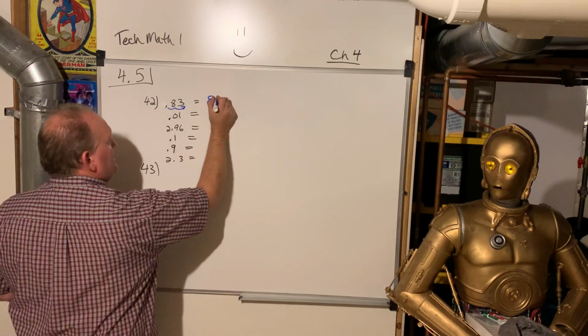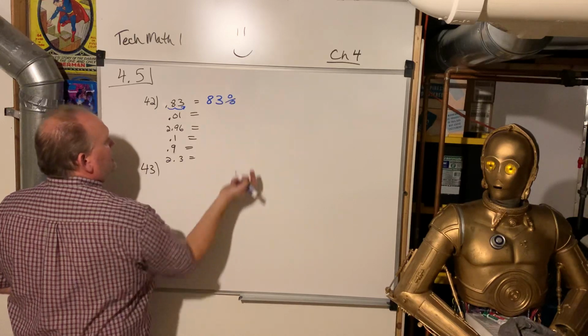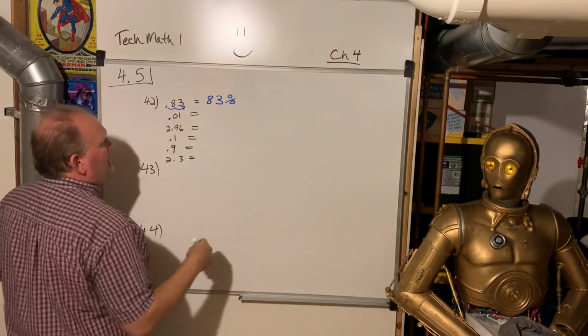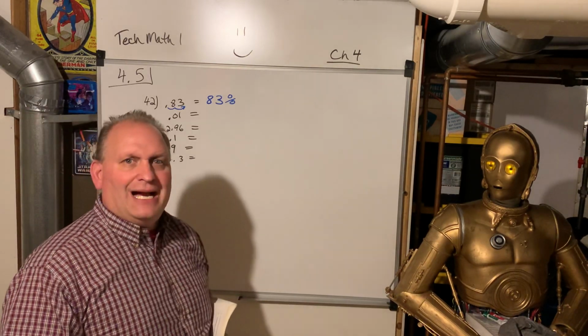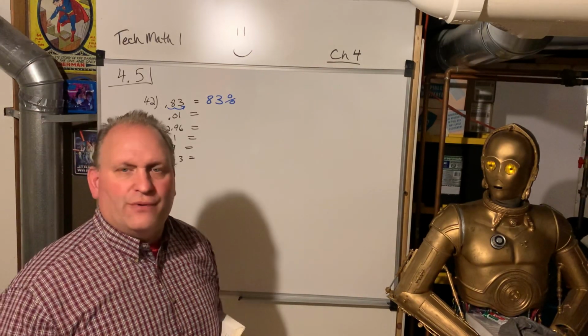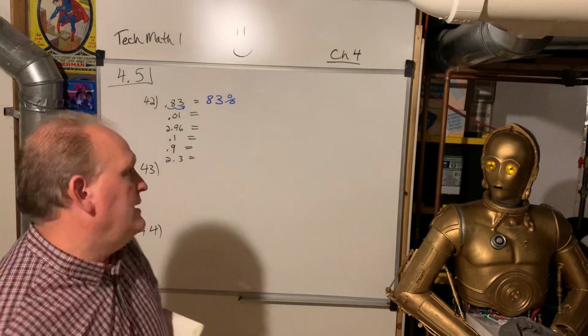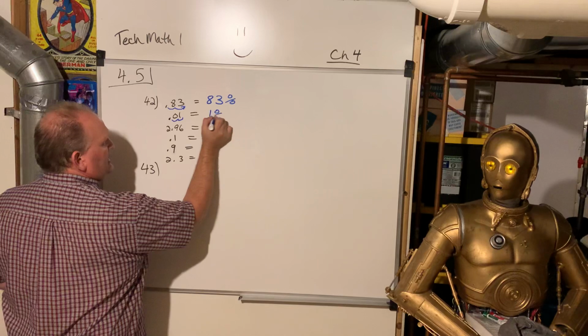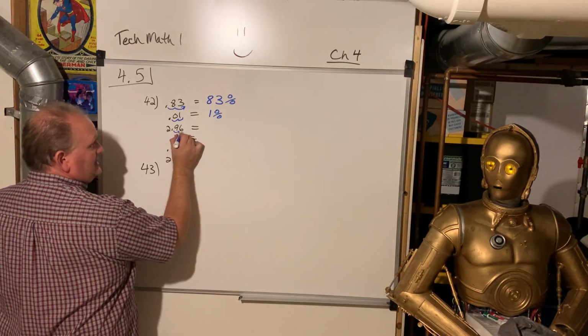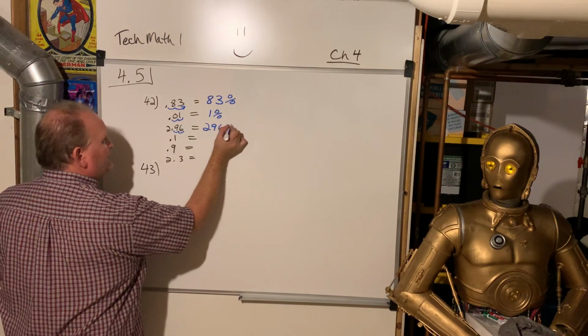So this is 83%. Think about that. That's 83 hundredths. If you read that out loud, that would be 83 out of 100. 83%. All right? 2 places, that's 1%. 2 places, that's 296%.